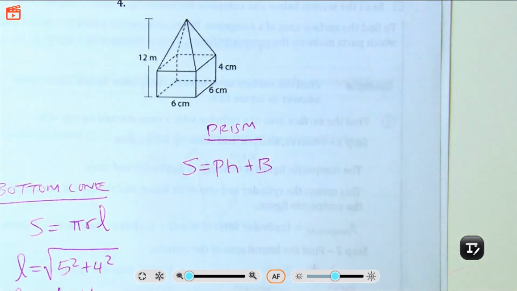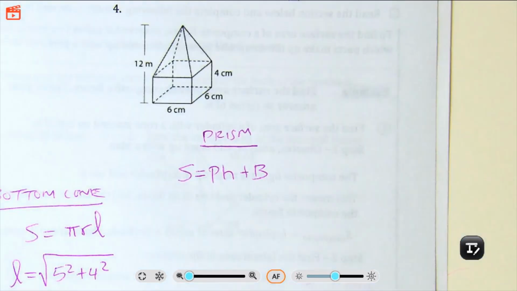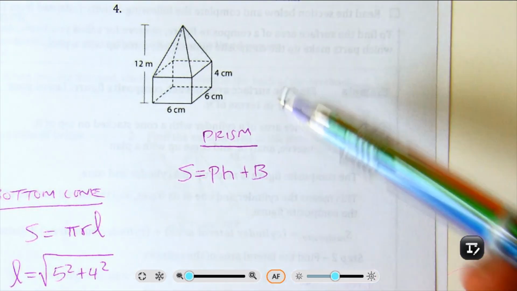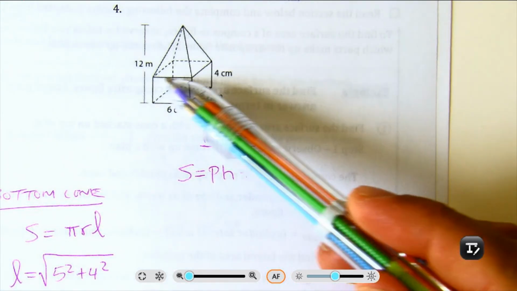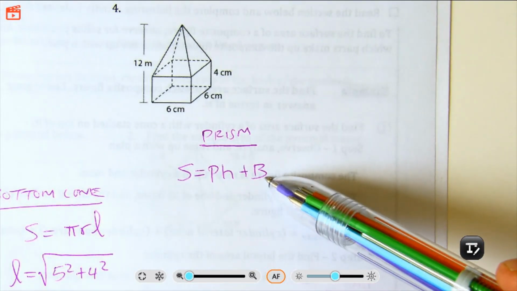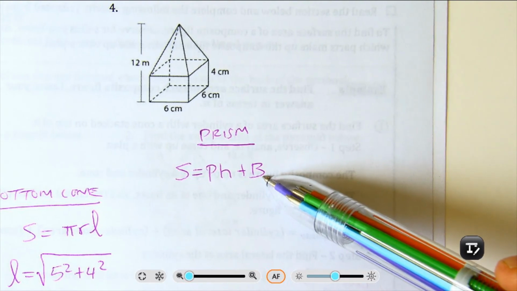Now, I know the surface area formula of a prism is perimeter times height plus 2 times the base. But remember that we're covering one of the bases. We're covering this top base, so we only need one base, which is the bottom one.